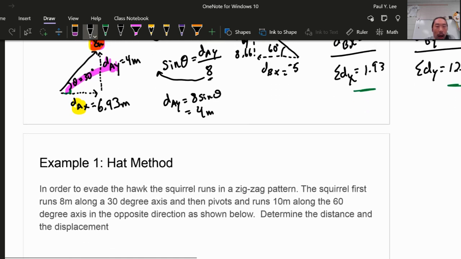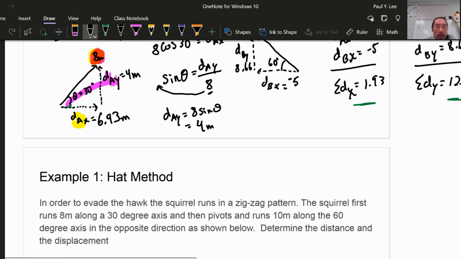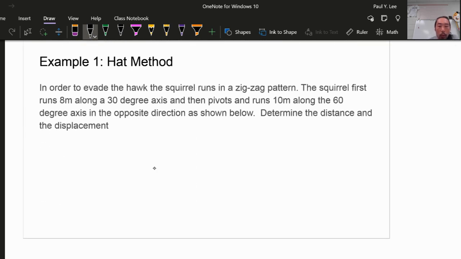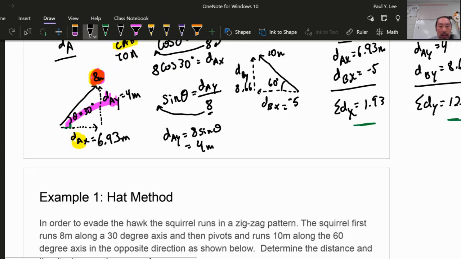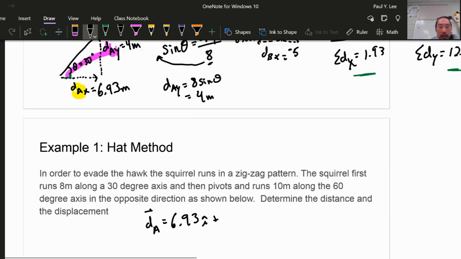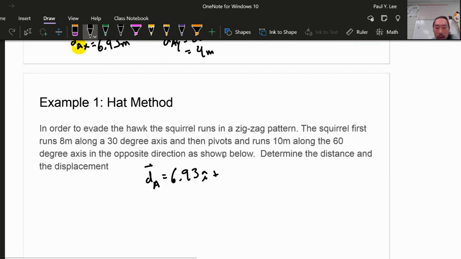So I'm going to take a look up here. So you got 4 and 6.93. In order to use the hat method, we have dA, so it's a vector, and dA is 6.93 i hat plus 4 j hat.